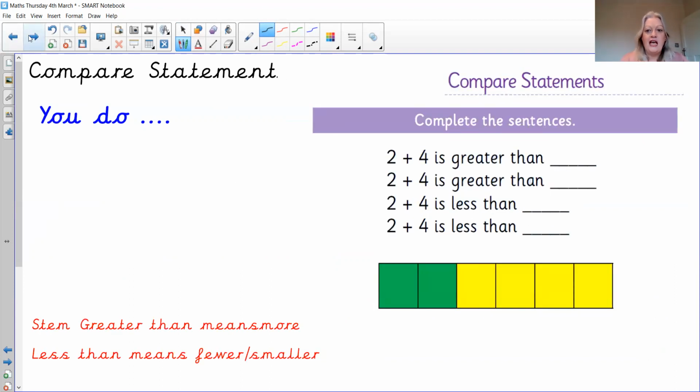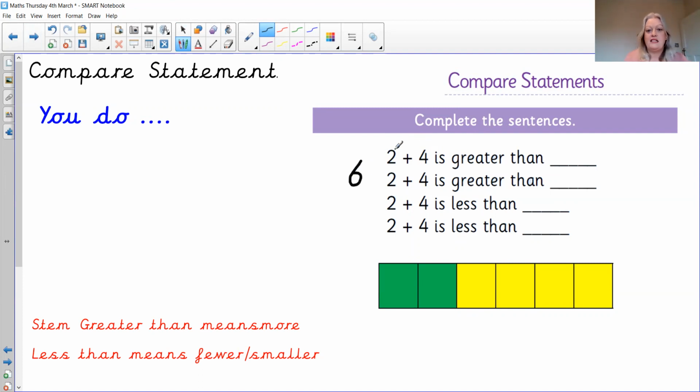So another one for you to have a go at doing that. So pause the video. Let's see. First of all, you had to work out what 2 add 4 is. So what is 2 and 4 more? 2 and 4 more. 4 add 2 is 6. You are right.